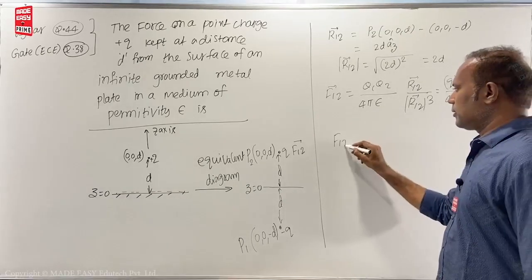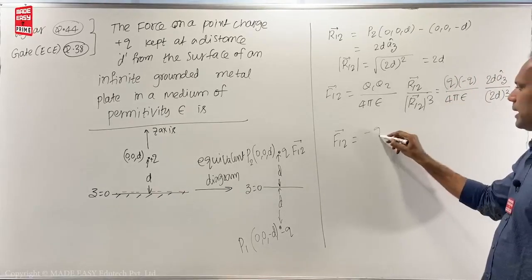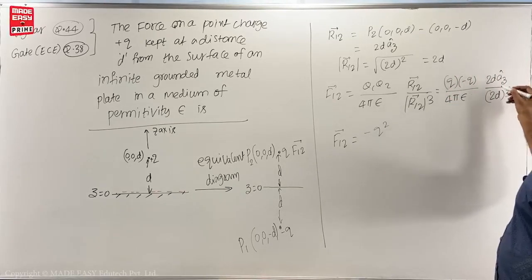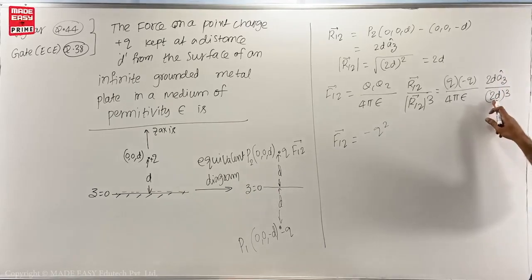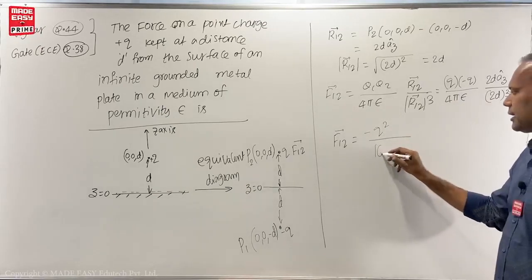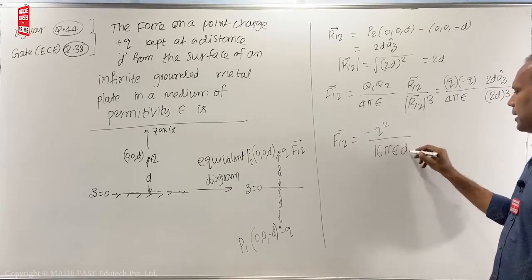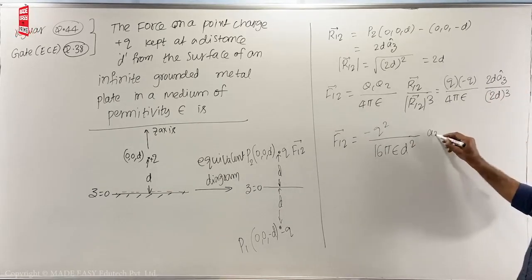So that is equal to minus q square, then 2d cancel. So here 4 d square is there, 4 into 4 is 16. So 16 pi epsilon d square. Then this one is az.